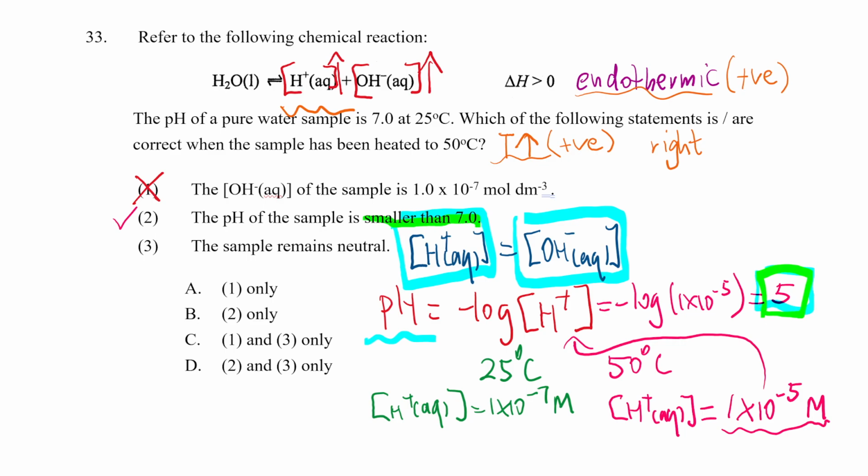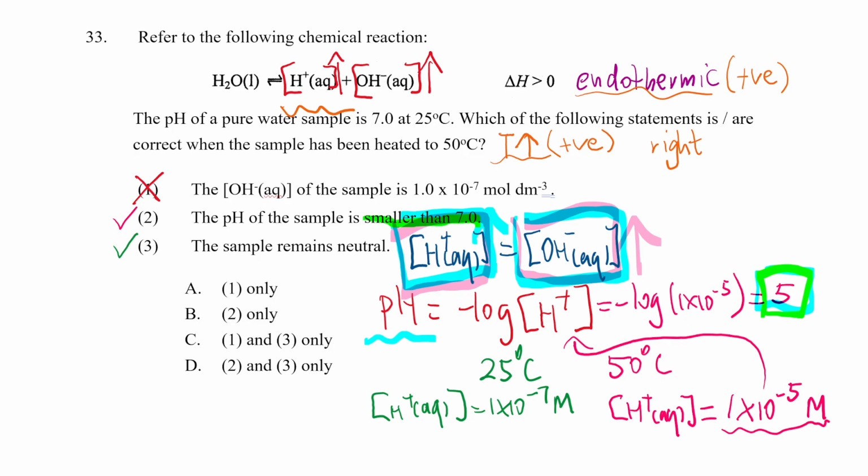The pH should be 7. But no, remember, you have increased the concentration of hydrogen ions, but at the same time, you have also increased the concentration of hydroxide ions. At the end of the day, they're both going to be the same. So you can say in a way the effect cancels out one another. That's why the sample remains neutral as well.